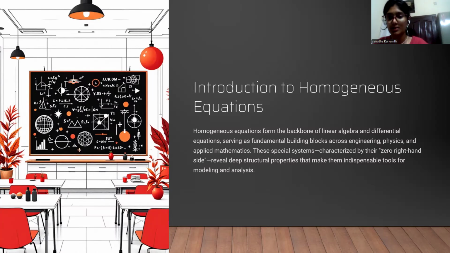And higher order stability, the auxiliary equations. As we move into higher order ODE topics like second order linear equations, homogeneity takes on different meanings. So we look at equations like ay double dash plus by dash plus cy equals 0. So here the 0 on the right side tells us we are looking at the natural response of a system, how a spring vibrates or a circuit behaves without external interference.